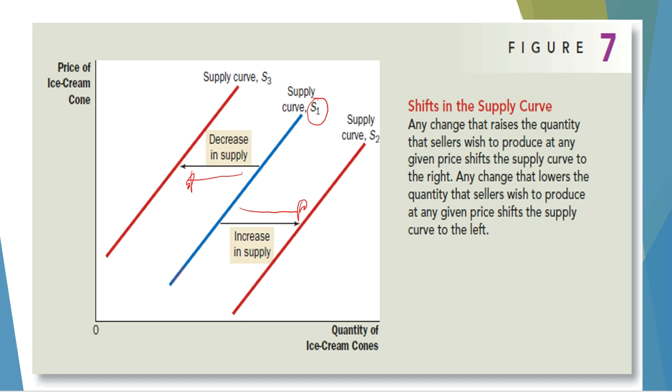Bila harga, you tahu tak kertas tu buat daripada pokok kan? Bila harga pokok tu meningkat, jadi company yang buat kertas tu dia tak dapat produce banyak kertas, dia dapat produce sikit je sebab harga pokok tu meningkat kan. So dia akan decrease.